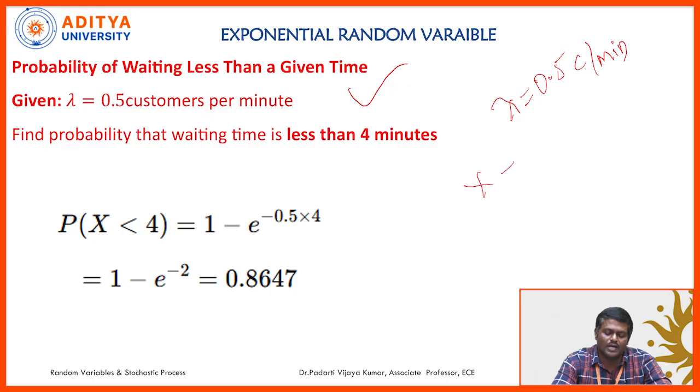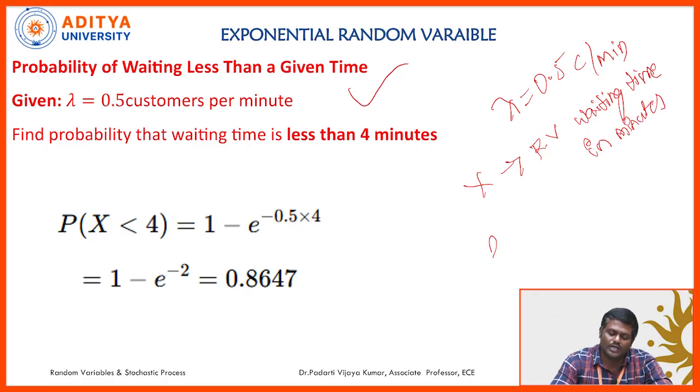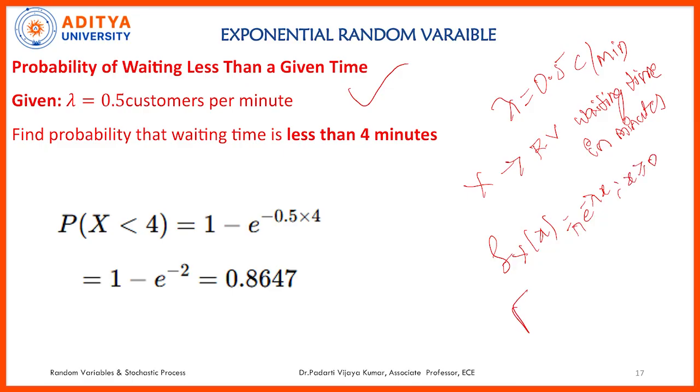Let x be a random variable which indicates the waiting time in minutes. Clearly, any problem related to queuing theory or waiting time comes under the category of the exponential density function. The exponential density function is lambda e power minus lambda x when x is greater than or equal to 0, and the distribution function is 1 minus e power minus lambda x.